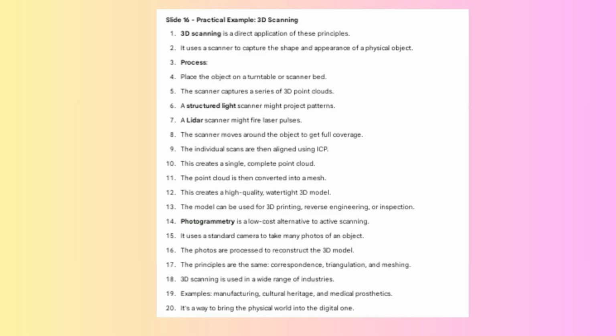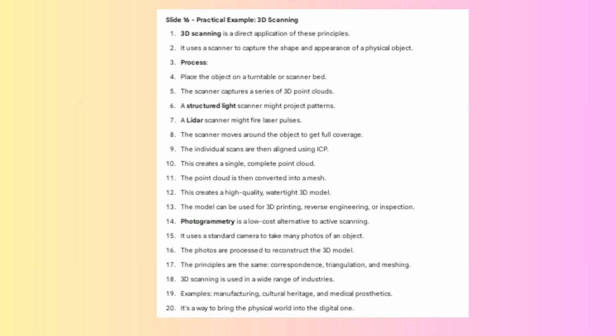As a cheaper alternative, you can also use photogrammetry, which uses standard cameras to take a ton of photos and then reconstructs the 3D model using the same principles of correspondence and triangulation.